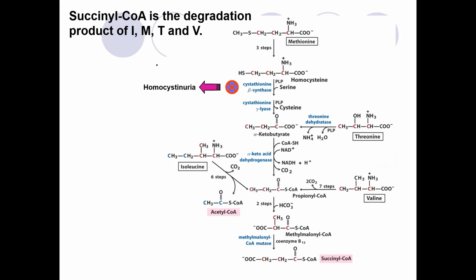Succinyl coenzyme A is the product of the degradation of threonine and valine and methionine and isoleucine. So methionine is converted to homocysteine. Homocysteine is degraded to alpha ketobutyrate.